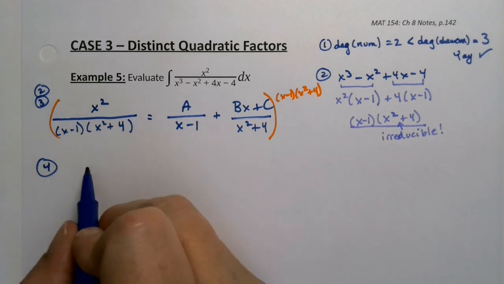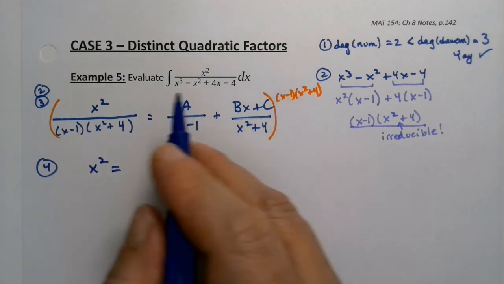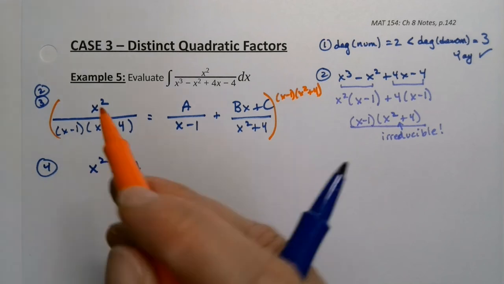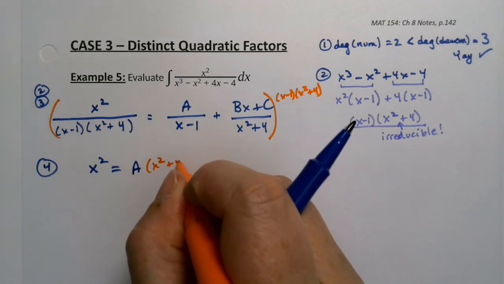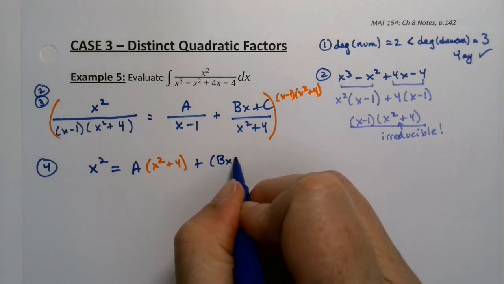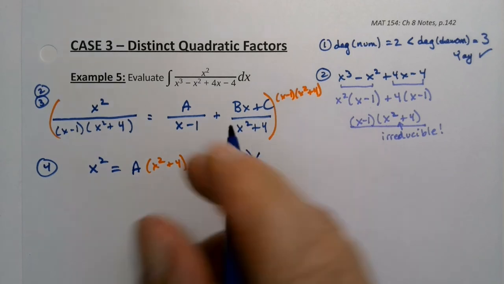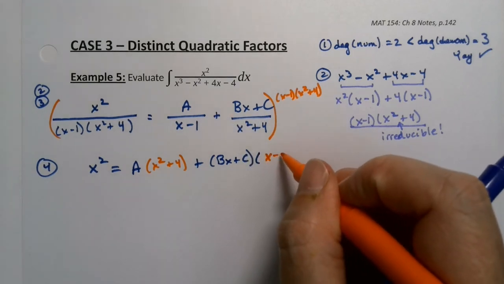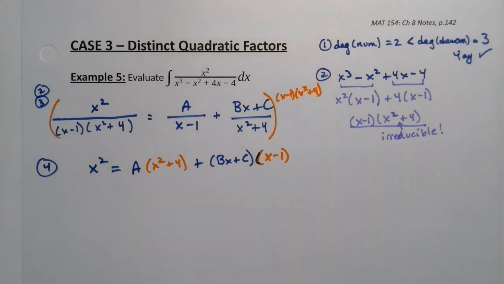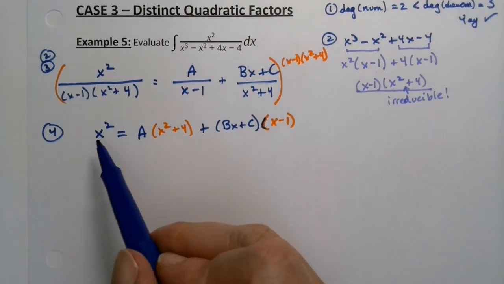So it'll be x squared equals, in this term, the x minus 1s would cancel, and I'm left with A times x squared plus 4, plus, and then I have Bx plus C, all of it, so I put it in parentheses. The x squared plus 4s cancel, and I'm left with x minus 1, like that. Lovely. All right, there's my base equation.